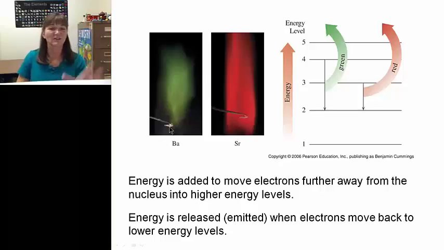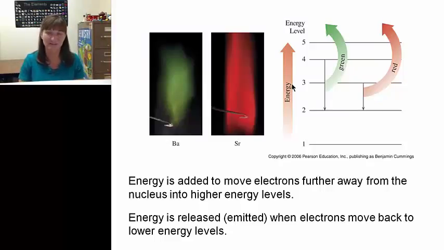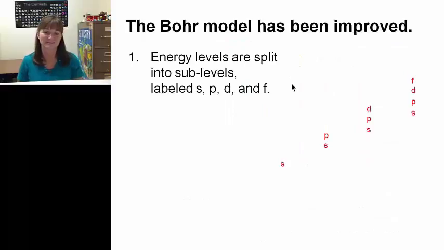Okay, so all you really need to know with these two last slides is that electrons try to get as close to the nucleus as they can, and when they're in that position, it's called the ground state. You have to put energy in to get electrons to move up to higher energy levels. When those electrons move back down to the ground state, they give off energy. Sometimes that energy is in the light region where our eyes can see it.